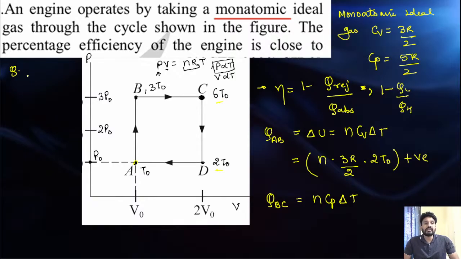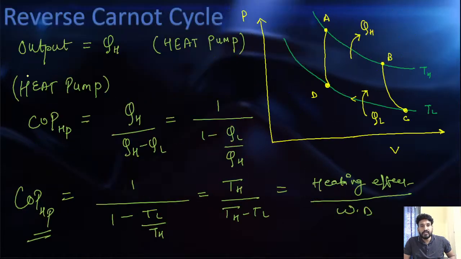Only the PV diagram is given. Through the PV diagram, this is how we can find the efficiency of an engine. So this question is very important and conceptual. I hope the solving of this question is clear to you.